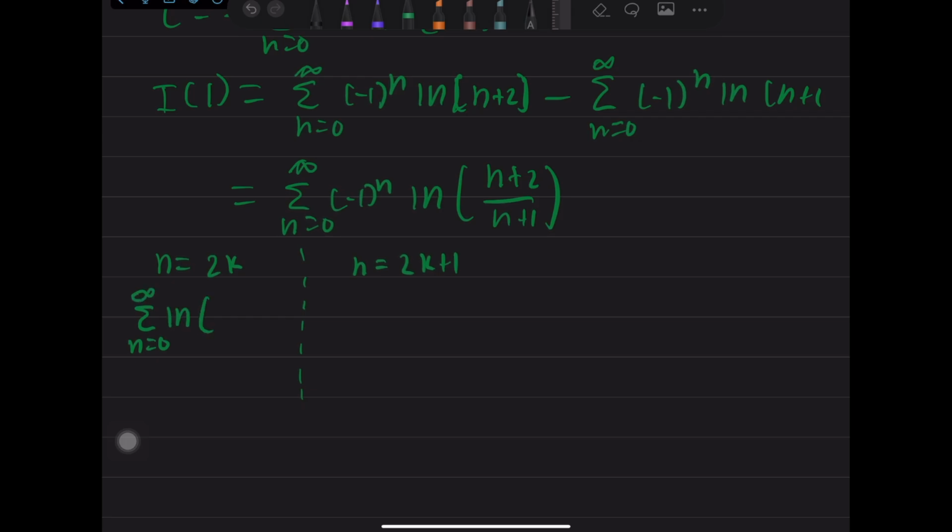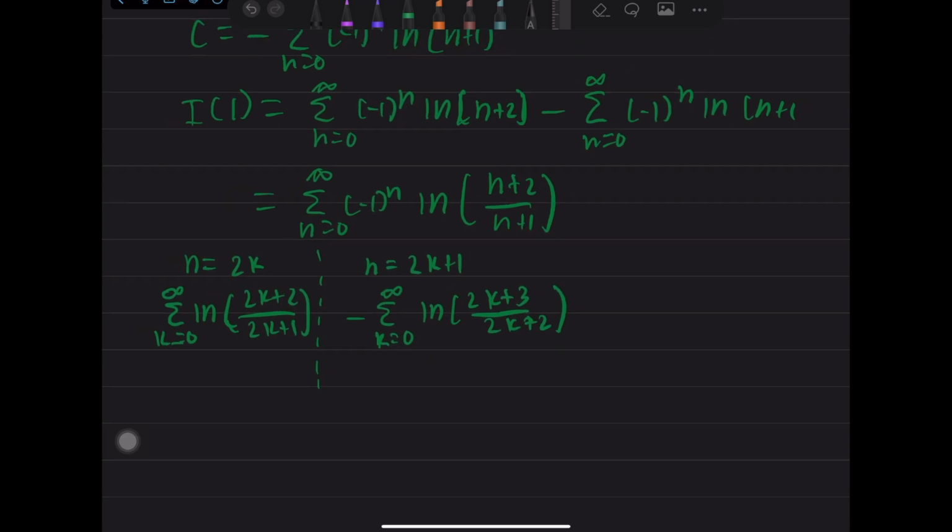So the sum is positive ln, sorry, we're not using n anymore, we're using k. We have from k equals 0 of ln of 2k plus 2 over 2k plus 1. Okay? Now for n equals 2k plus 1, this term is always negative. So we'll have ln of 2k plus 3 over 2k plus 2.